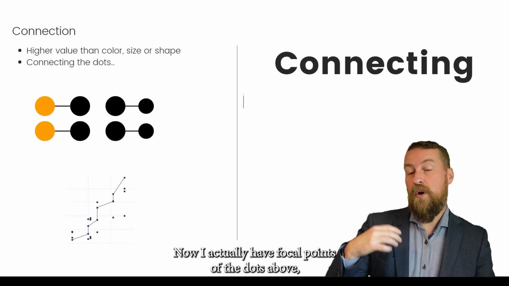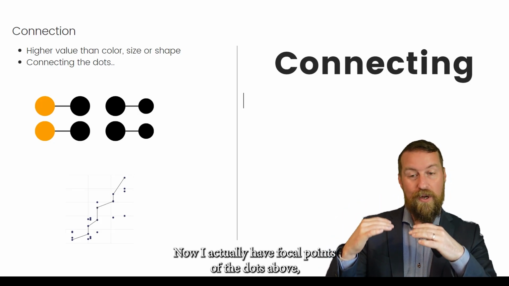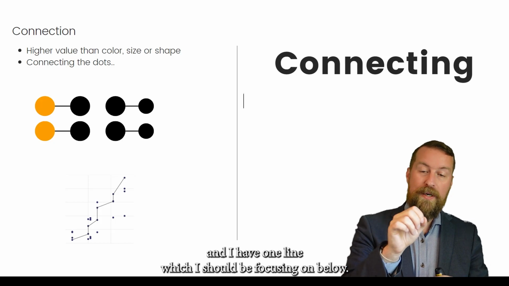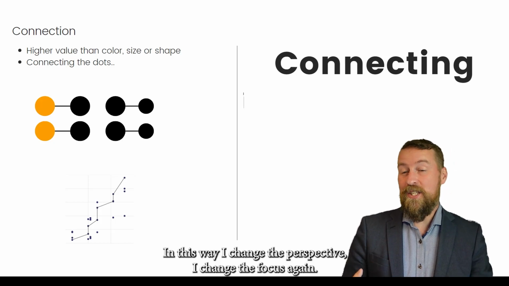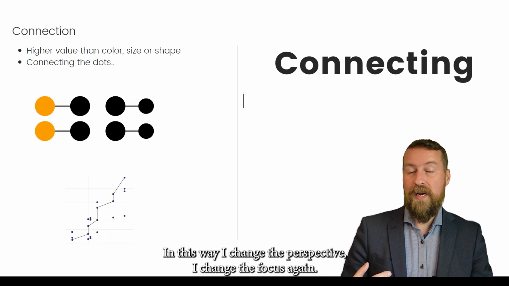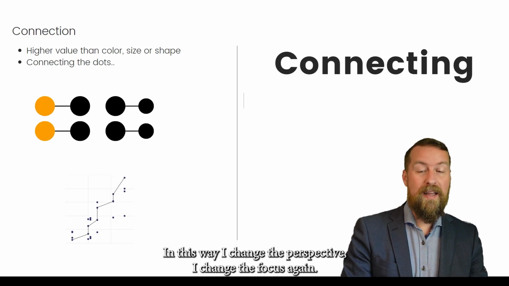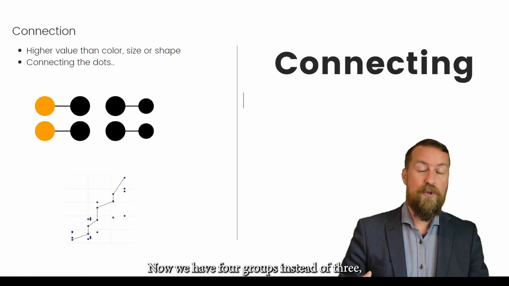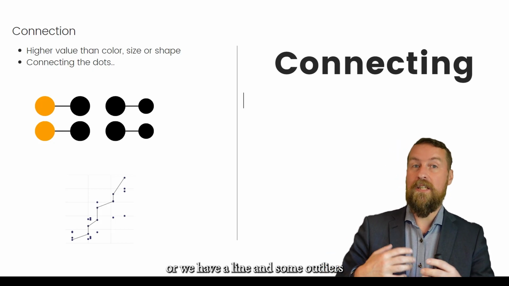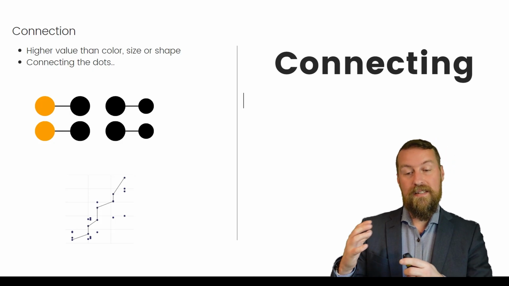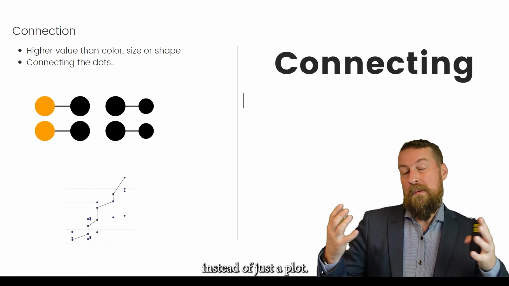Now I actually have 4 groupings of the dots above, and I have 1 line which I should be focusing on below. In this way, I change the perspective, I change the focus. Again, now we have 4 groups instead of 3, or we have a line and some outliers instead of just a plot.